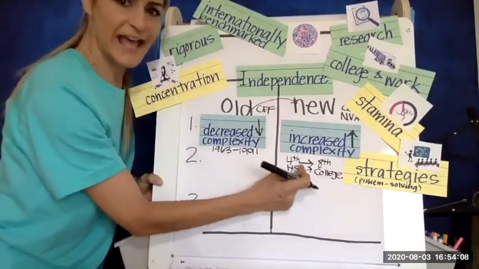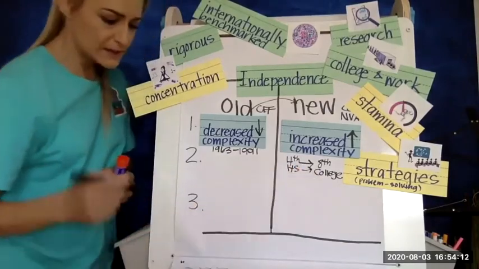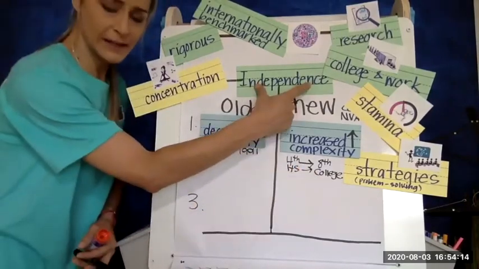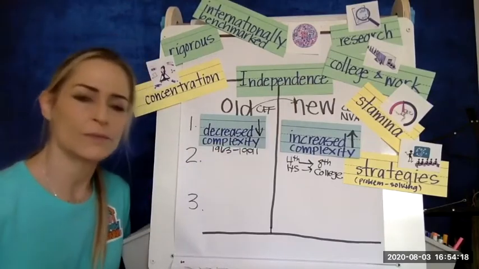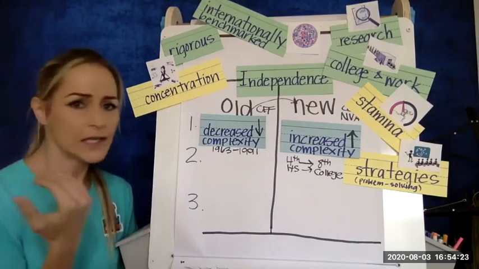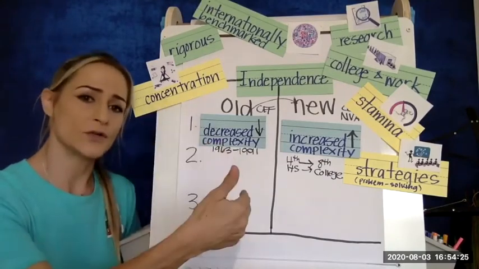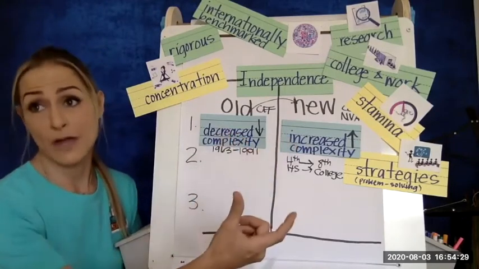There was such a gap between where they left high school and where they were expected to read independently that students were taking 1 to 2 remedial college courses that cost a lot of money, do not count for credit toward a degree, and so this contributed heavily to college dropout rates.